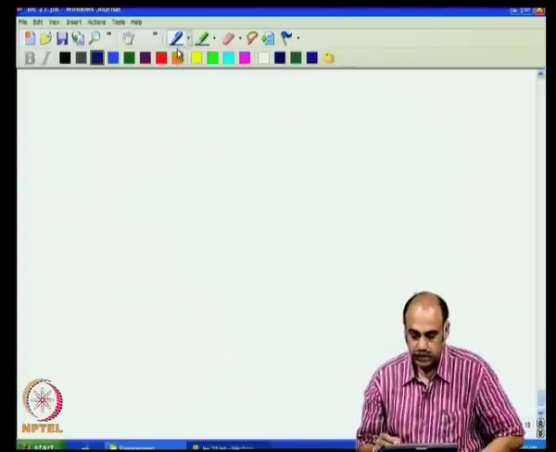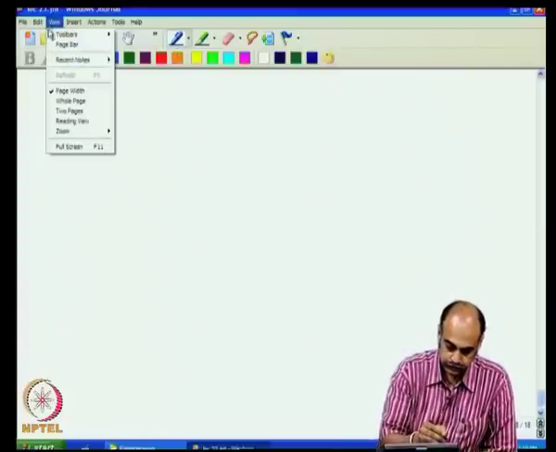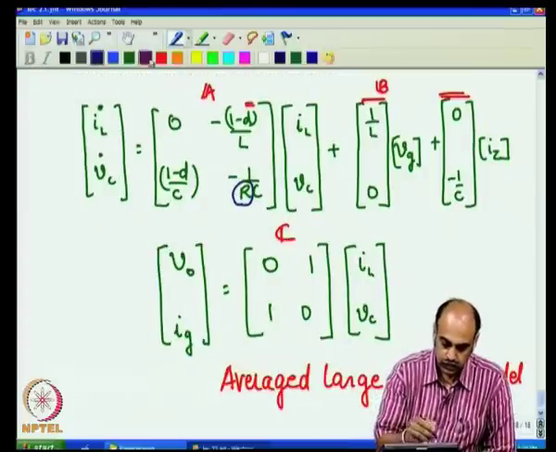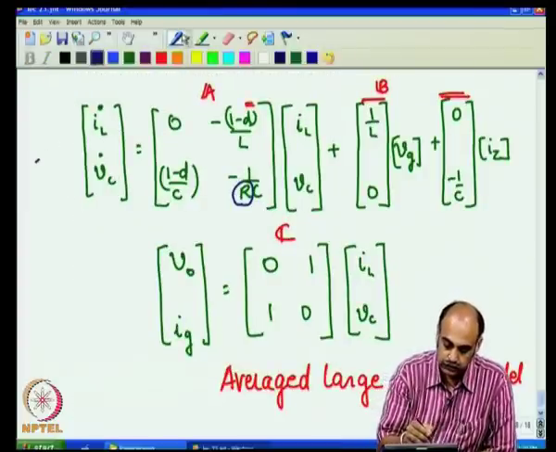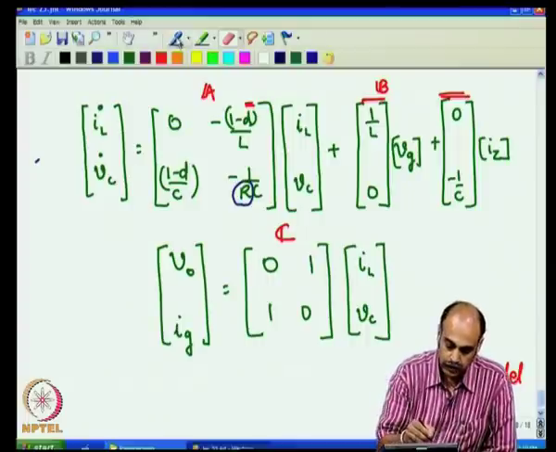So, proceeding from here, we can now try to get the small signal model.